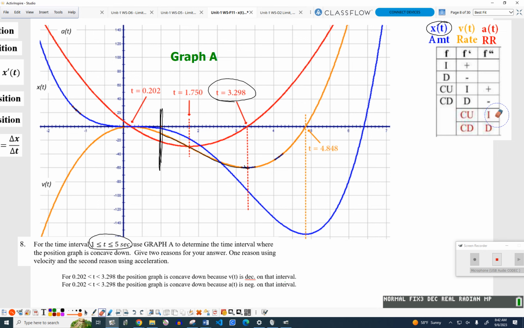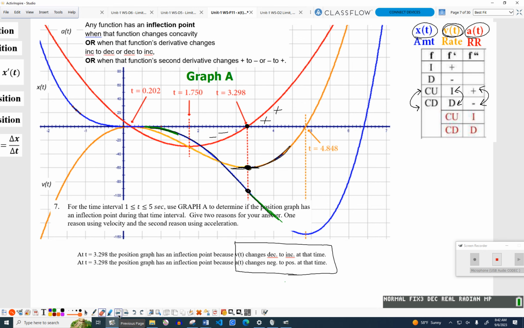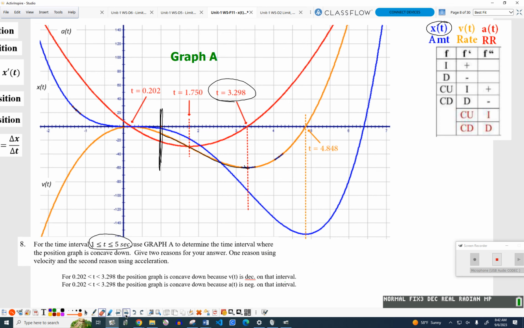So 7 is looking for a moment in time, because an inflection point is a given moment. 8 is looking for an interval of time. It says, what's the time interval when the position graph is concave down? So I say, well, the position graph is concave down during whatever time that the velocity is decreasing. Yep, that makes sense.